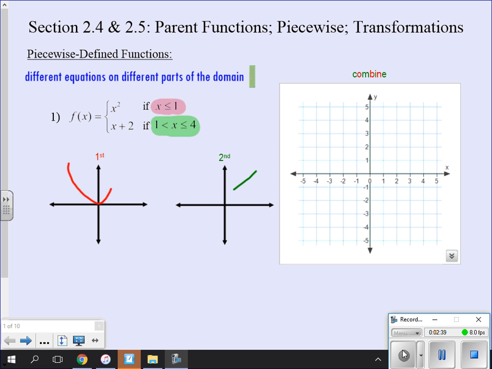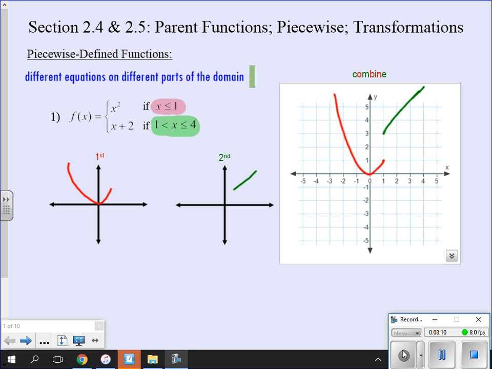So if I were to combine these two into one, it would look like this from here, and look like that there, although that's gone too far because it ends at 4. Yeah, that one does end at 4.